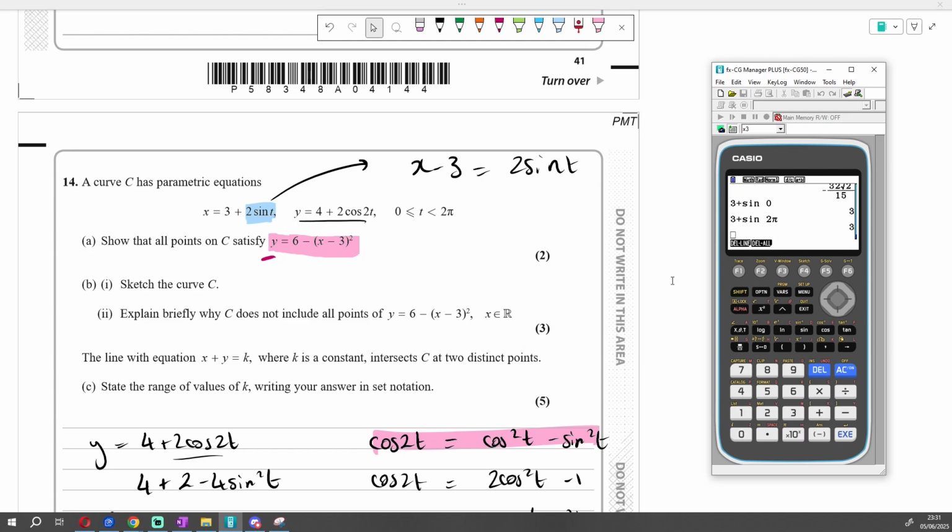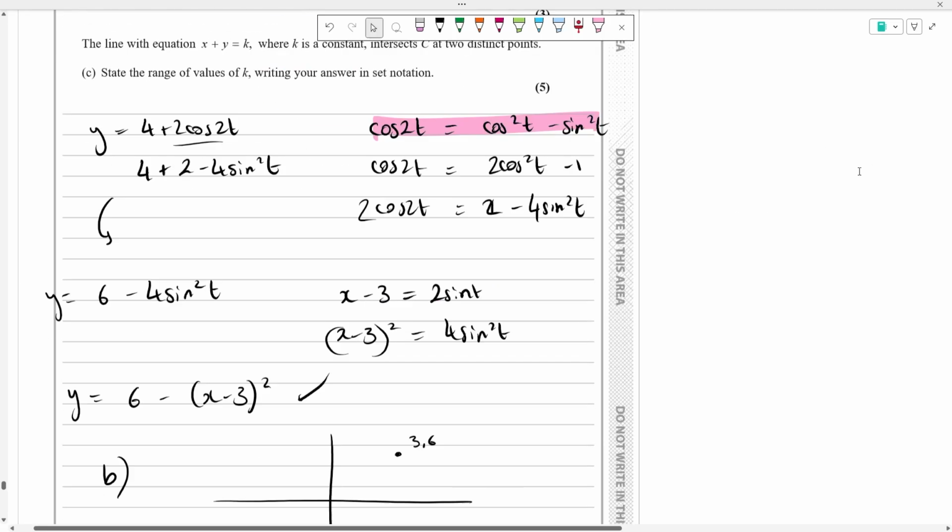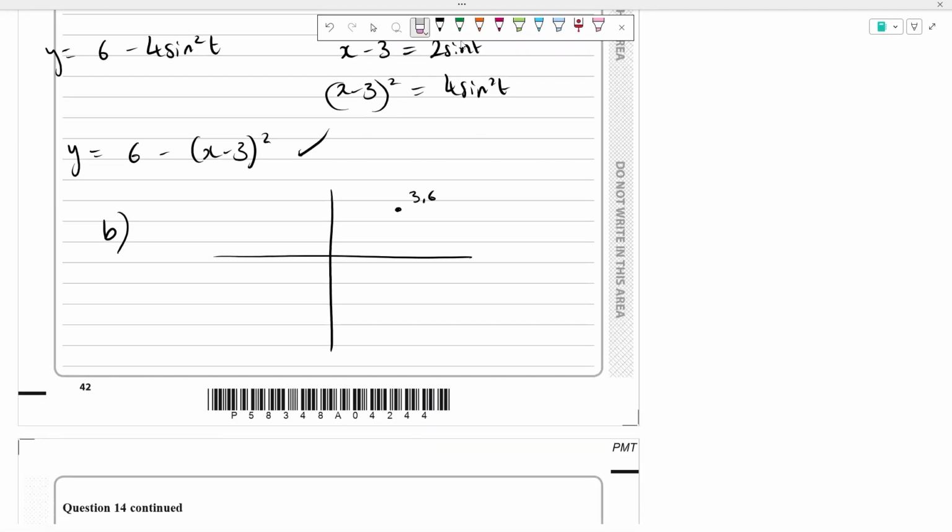But we need to think about what is the range of values you have of 3 plus 2 sine t. The way that any sine function works is that the maximum a sine value has is 1, and the minimum value a sine has is minus 1.